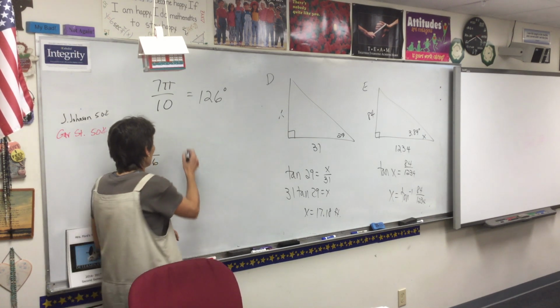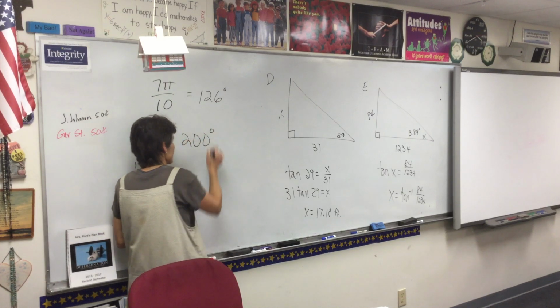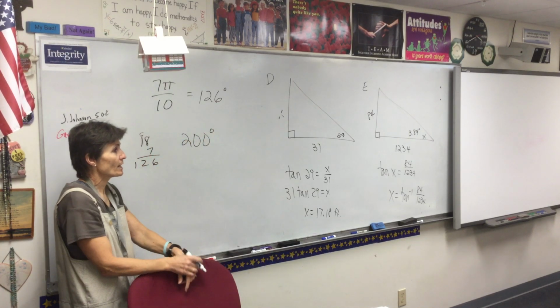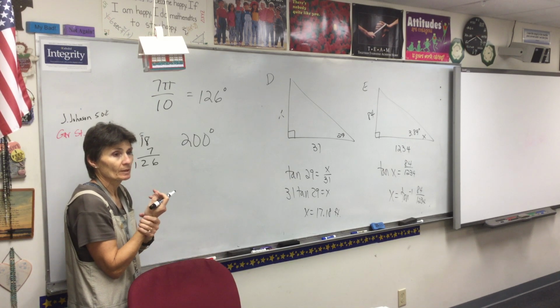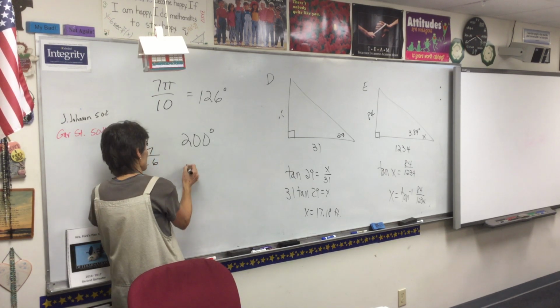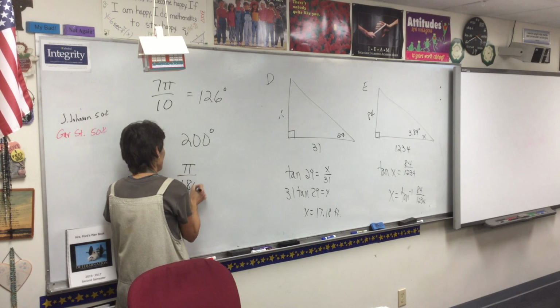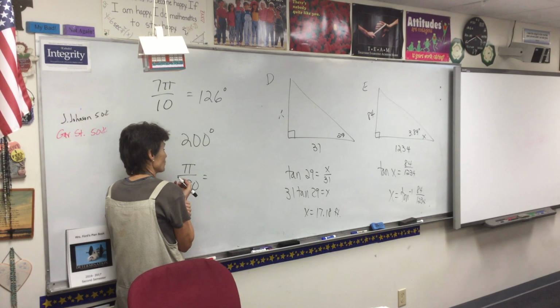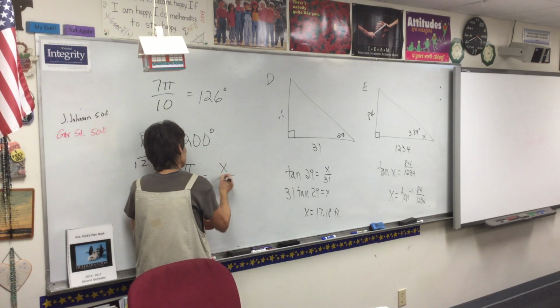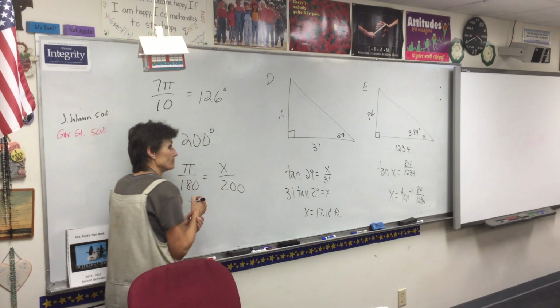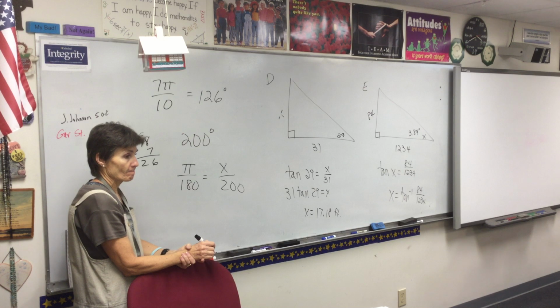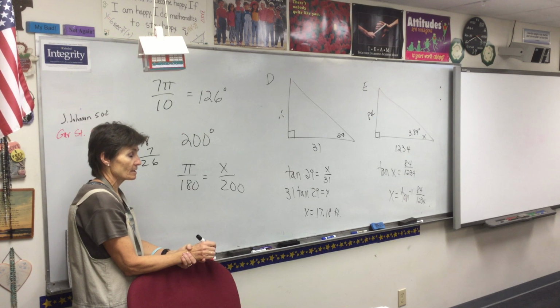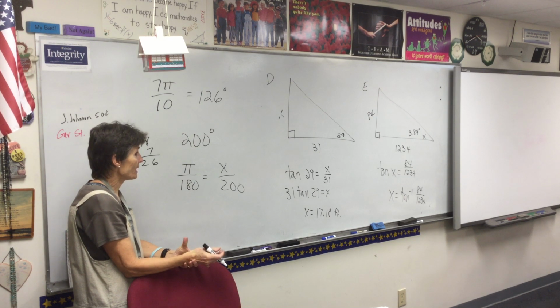That's easy. What about 200 degrees? That's a little harder now. We need to change that into radians. What's our strategy? Pi over 180. We set up our proportions. So pi over 180 equals what? X over 200. Now, does my proportion ever look different than that?